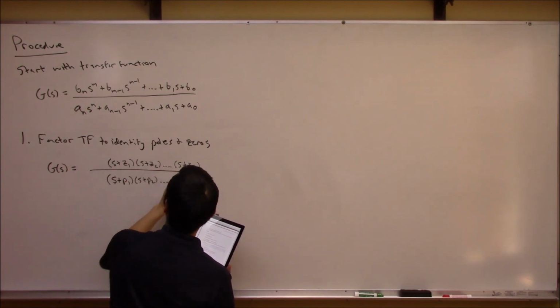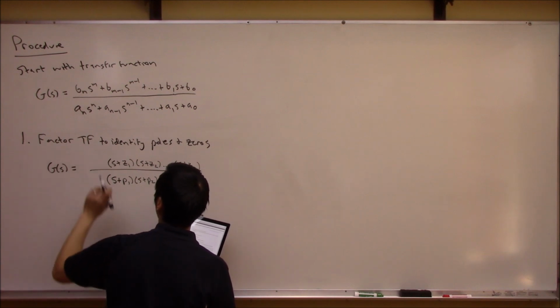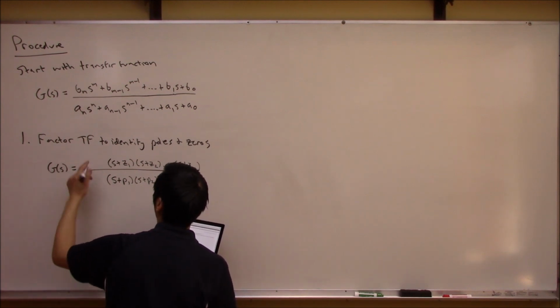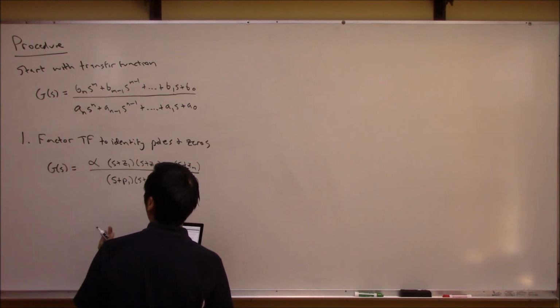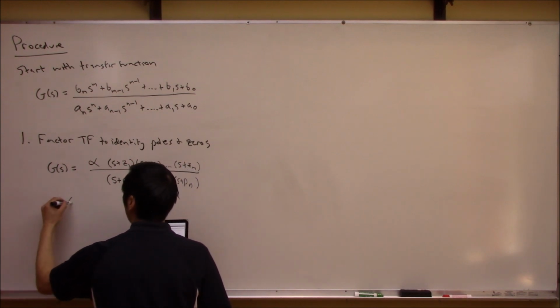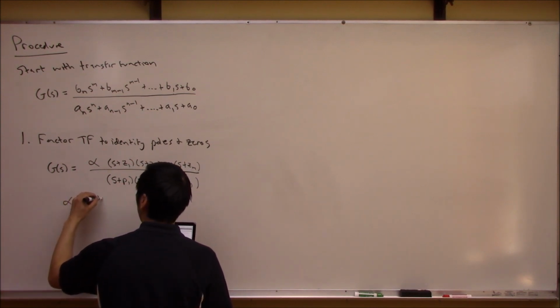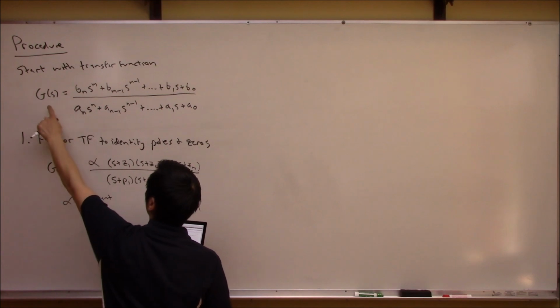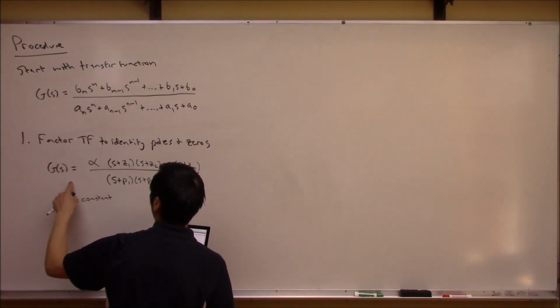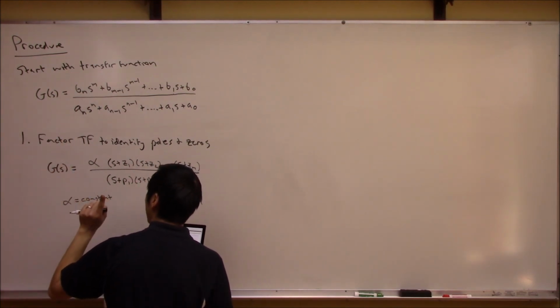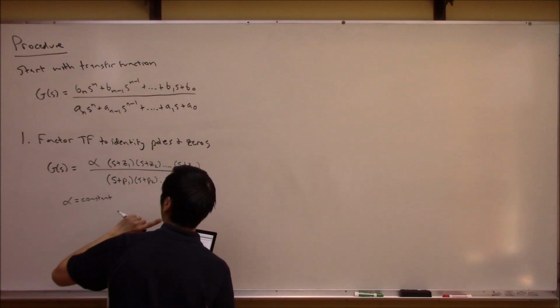You're probably going to pop out some constant on the top; let's call it alpha. Note this alpha is just a constant to make this version of the transfer function equal to the original version. However, this is not the constant gain that we've been talking about earlier.